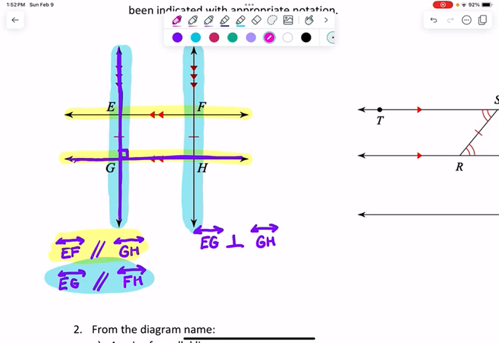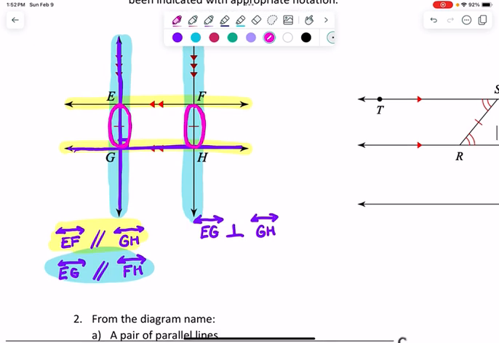I don't ever talk about congruent lines because all lines go on forever, so they all have the same shape and size. But line segments I care about. And so here I'm noticing there's tick marks in between FH and in between EG, which means that those tick marks indicate that those line segments are congruent to each other.